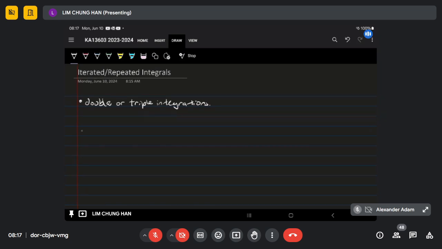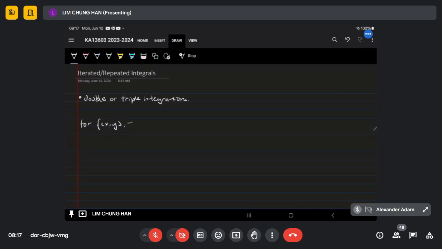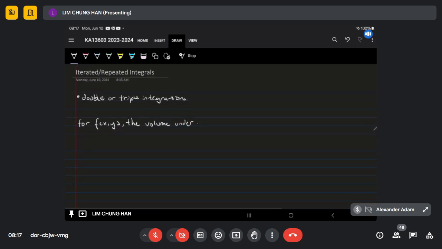So let's say for a specific function of x and y, for example, the volume under the surface. When you integrate a curve, you know what you get, right? You get area under the curve. Do you know? Yes, doctor.